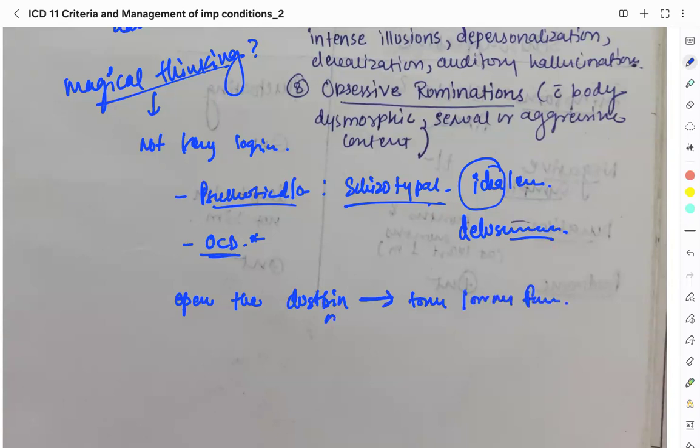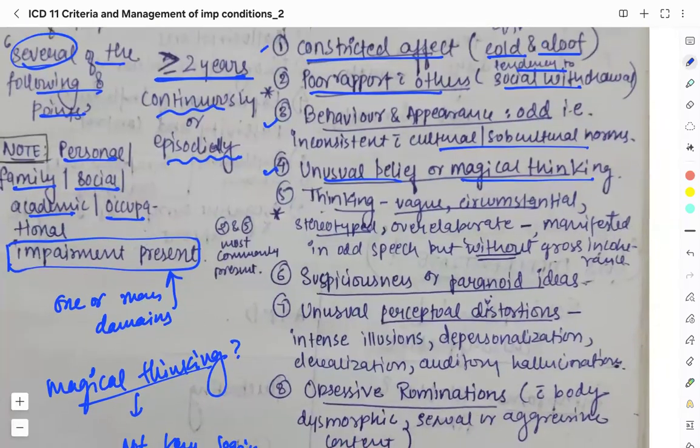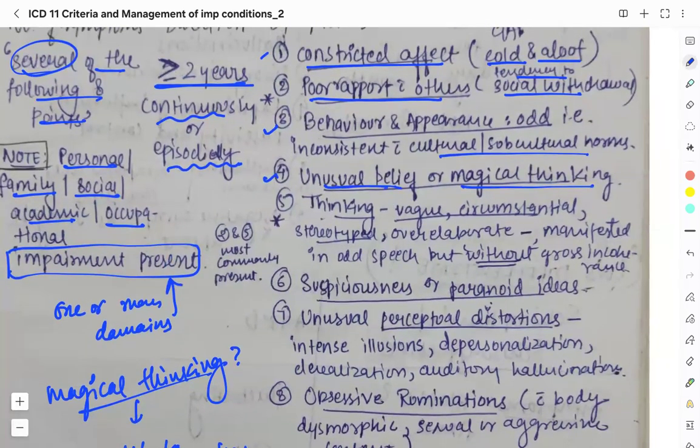There is no relation between them opening a dustbin and something bad happening to their family or themselves. So this is an unconnected, illogical way of thinking. This is called magical thinking. All right. So they will have very odd and unusual beliefs, magical thinking or unusual beliefs that they might be having.